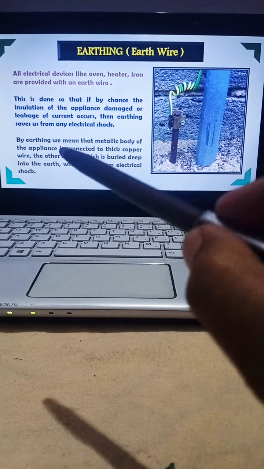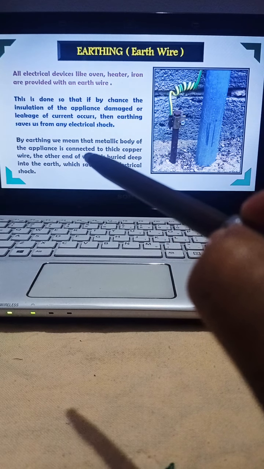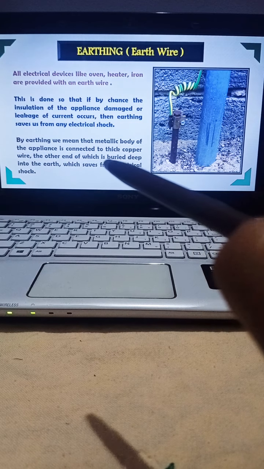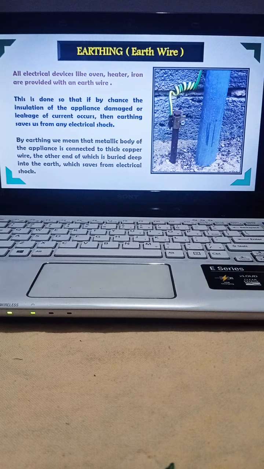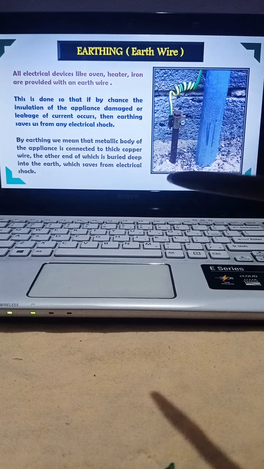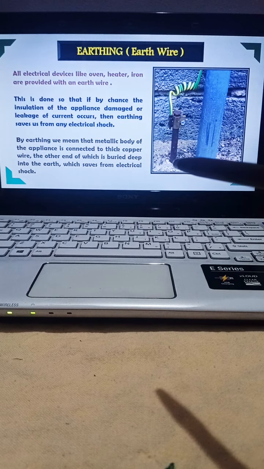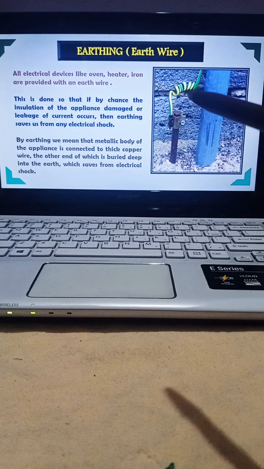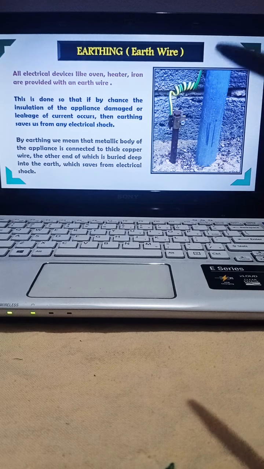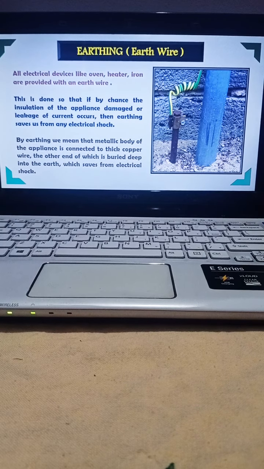By earthing we mean that the metallic body of the appliance is connected to a thick copper wire, the other end of which is buried deep into the earth, which saves us from electrical shock. This wire buried inside the earth goes to the main circuit board, and from the main circuit board to every switchboard.